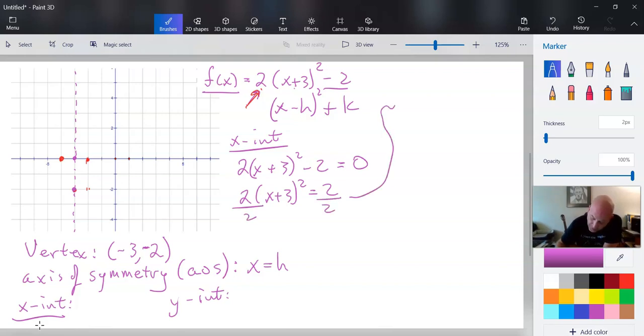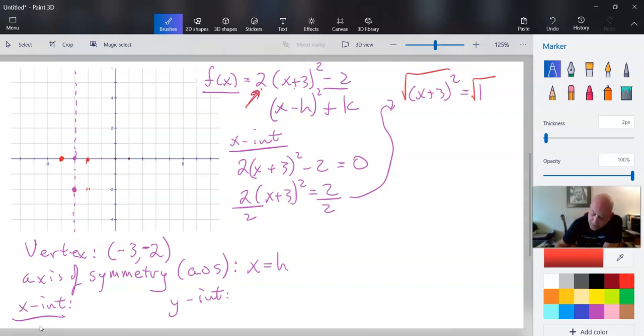I'm going to jump up here because I'm going to end up running into that other stuff. So now we have x plus 3 squared equals 1. And at that point, I need to undo this square, so I'm going to use a square root.